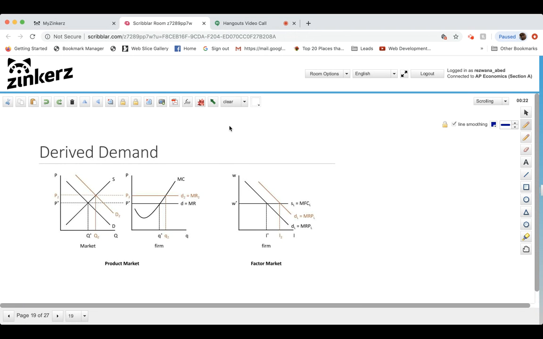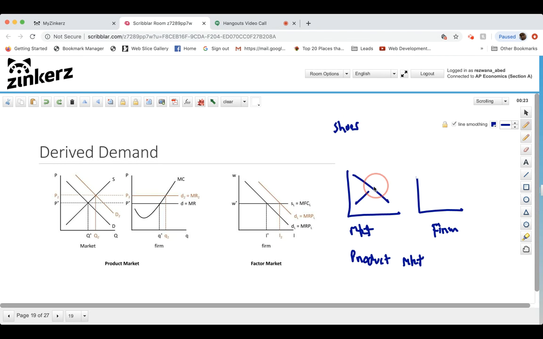Okay, so let's just erase this. Sorry. We're going to do the product market over here. This is the market, and this is the firm. Let's say we're talking about shoes. We have supply, we have demand, this is price and quantity, and equilibrium price, equilibrium quantity.